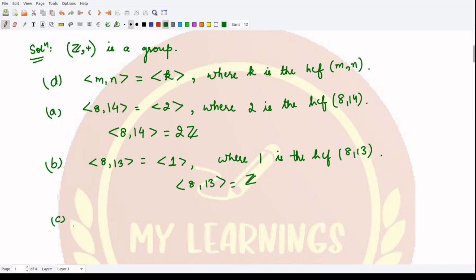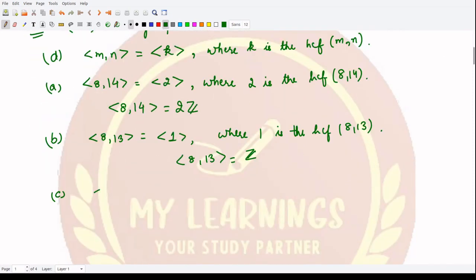This is Z only. What about the C part? In the C part we have 6 and 15, so you can write it as generated by 3. How do we obtain this 3? 3 is the HCF of the numbers 6 and 15.